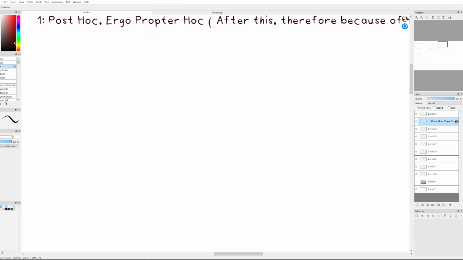The second one is dicto simpliciter, which basically means hasty generalization.